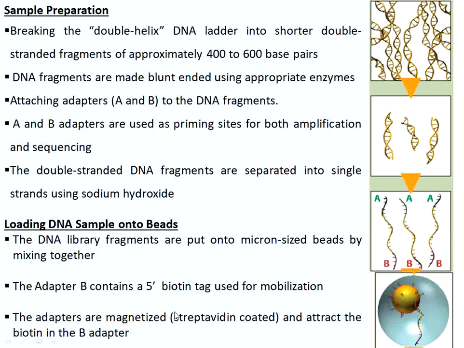This streptavidin has strong affinity towards biotin, and therefore the adapter B will go and bind to these beads. So the beads are first made magnetized by coating with streptavidin, and thereby they attract the biotin in the B adapter and help the attachment of this adapter-ligated fragment on the micro-sized bead. This step is called loading of the DNA sample onto the bead.